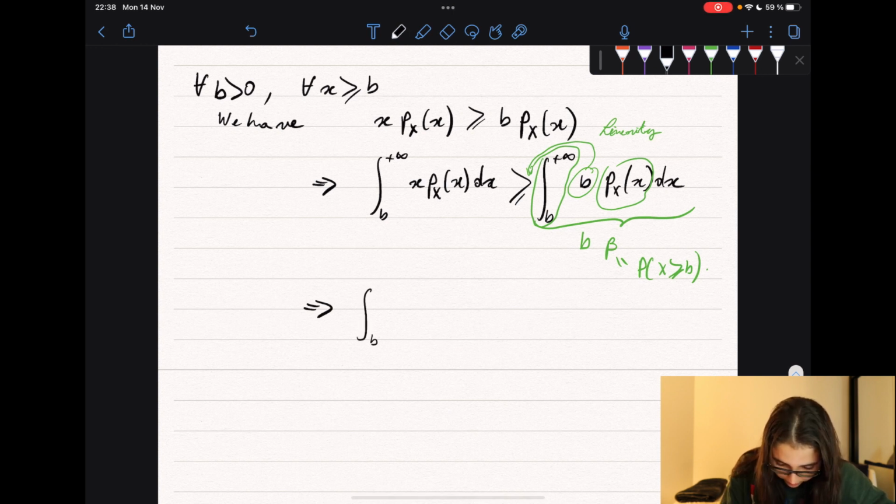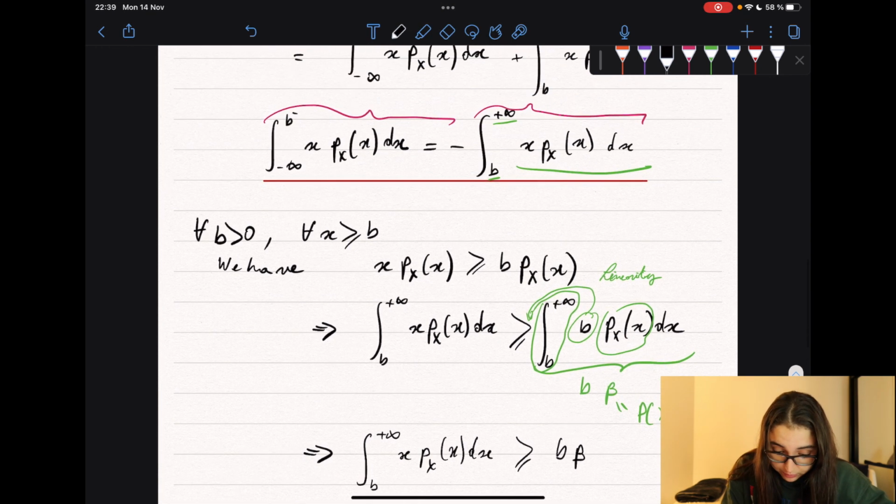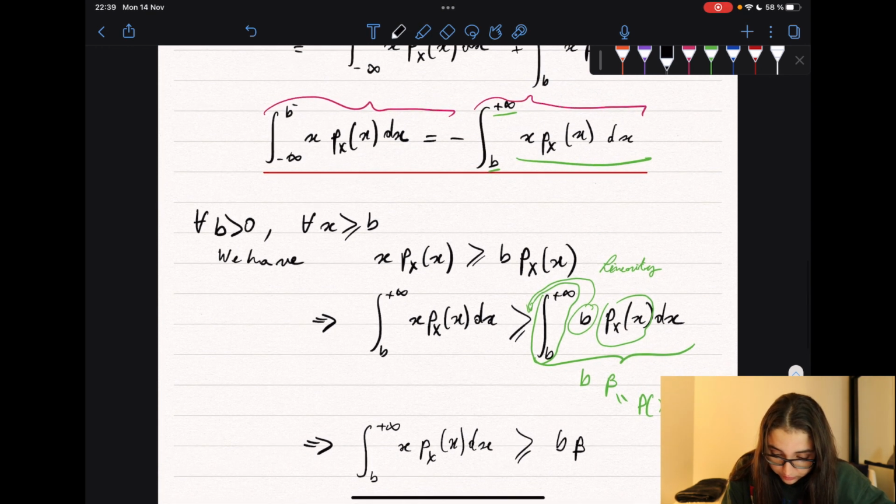This leads to the integral from b to plus infinity of x px(x) dx being higher or equal than b times beta, and what we're actually looking for is the negative of this quantity.